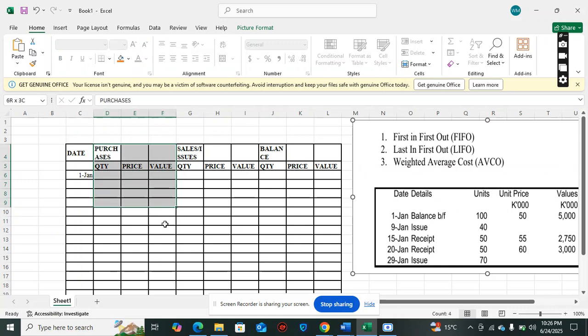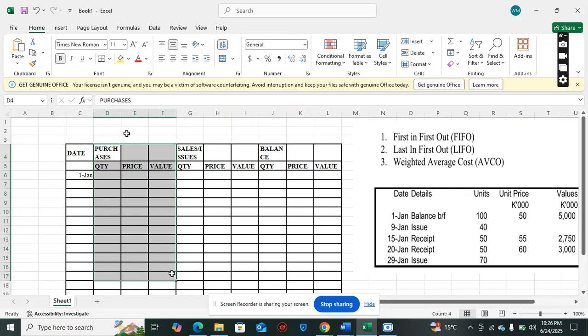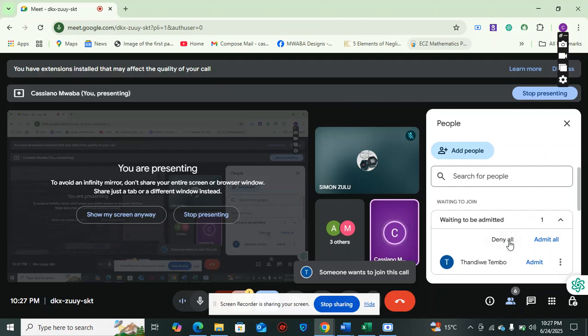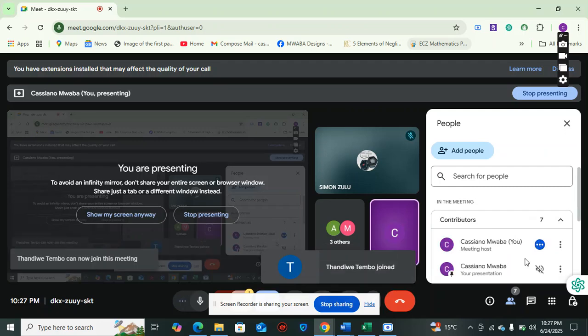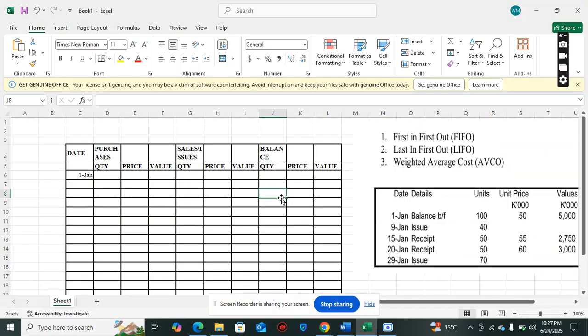There are three main columns: the purchases column, also called receipts, then the sales or issues column, and finally the balance column. These columns have a quantity, price, and a value.